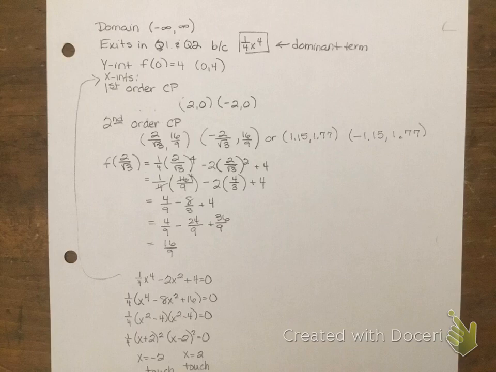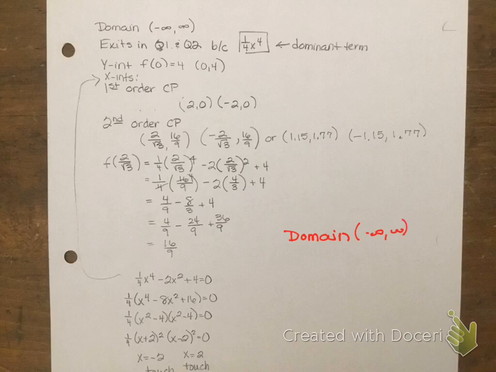I have chopped off some of my work. All right. On my next page, first thing I need to talk about is the domain. Please remember that your function was another polynomial function, so my domain was all real numbers.